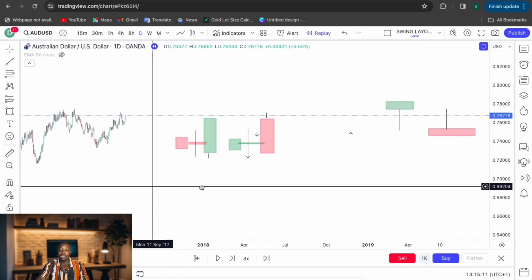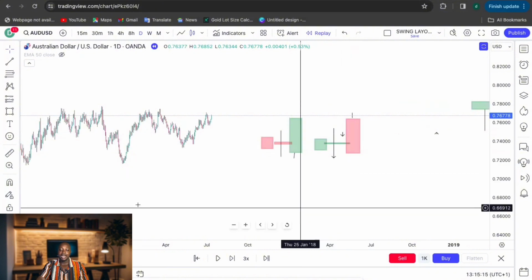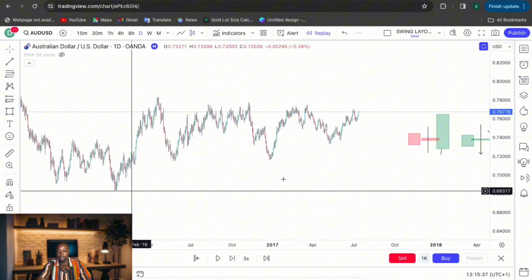You have to look for these patterns at an area of interest. People call them different things: point of interest, area of interest, area of value, an area that you're expecting the market to give you either a reversal or a continuation from. These are where these patterns are going to be useful.